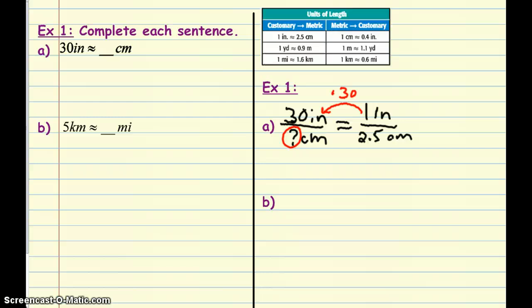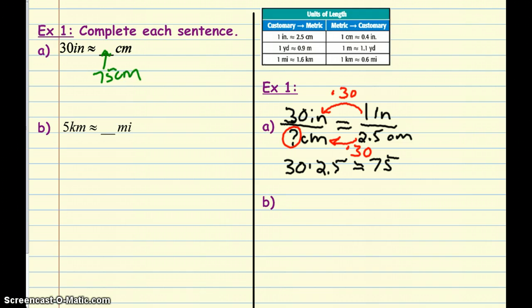To keep things consistent in a proportion, I also multiply 2.5 by 30. 30 times 2.5 is 75. So 30 inches is equal to 75 centimeters.